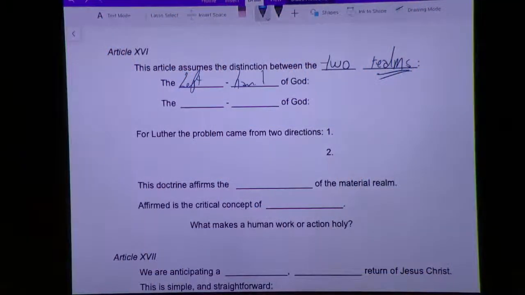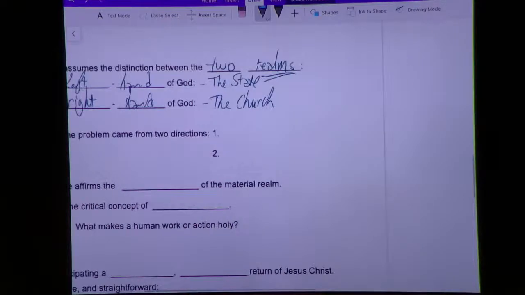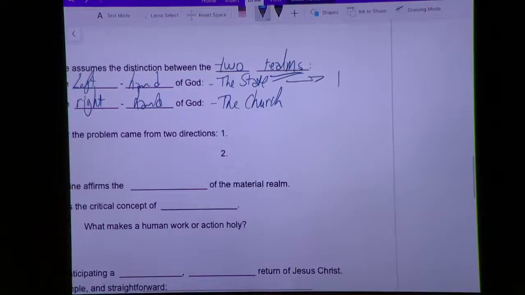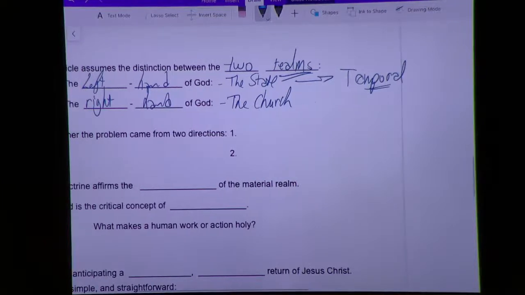Luther used it on occasion, but he had other language he used more often, and the right hand of God. And the left hand of God is the state. And the right hand of God would be then the church. And Luther's more favored terms for this would be the temporal realm, in other words, the one that's time-bound, and the eternal realm, in other words, the one that is not bound by time.